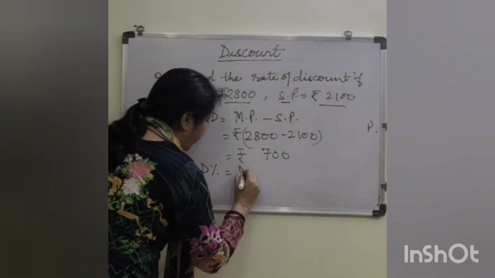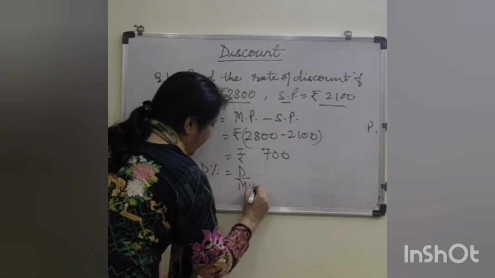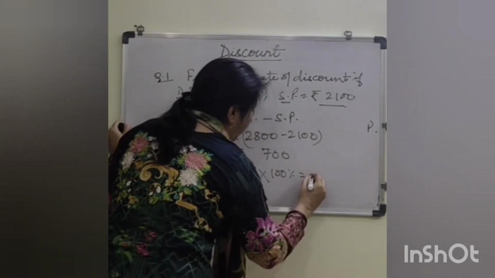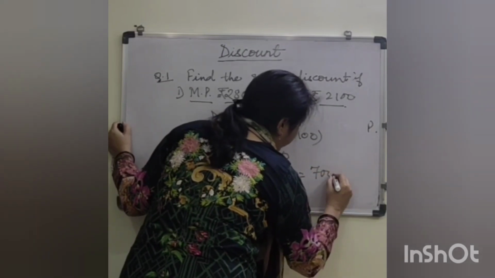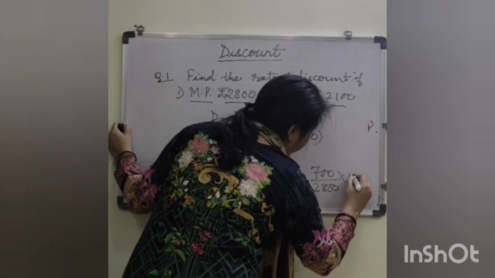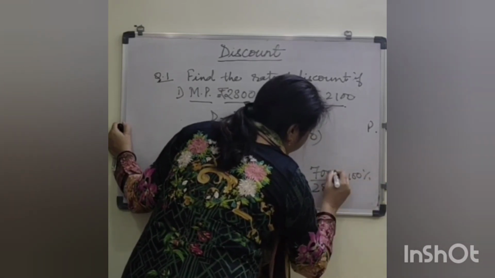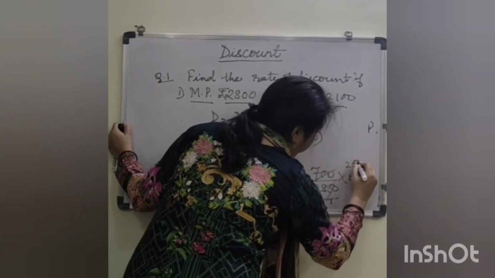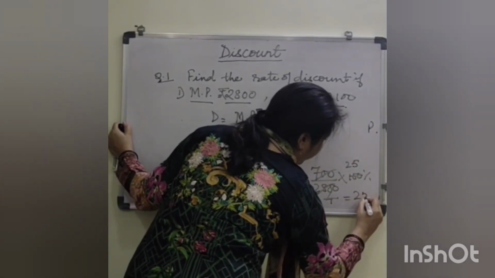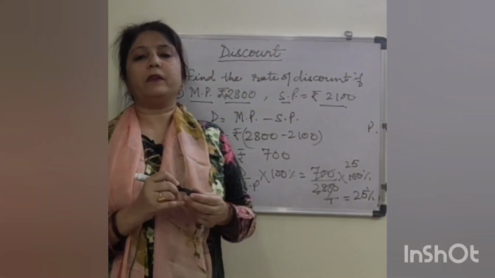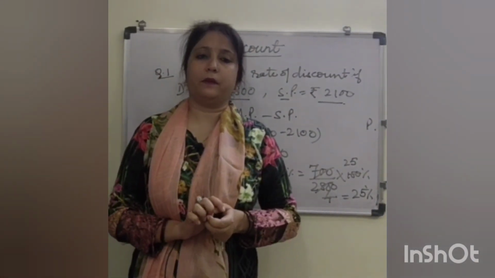So it is discount over MP multiplied by 100%. So this will become 700 over 2800 multiplied by 100%. 7 fours are 28, and your discount percent is 25%. Here your discount percent is 25%.